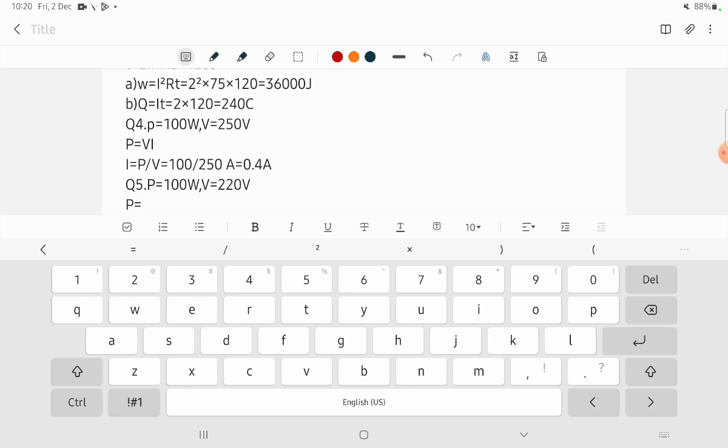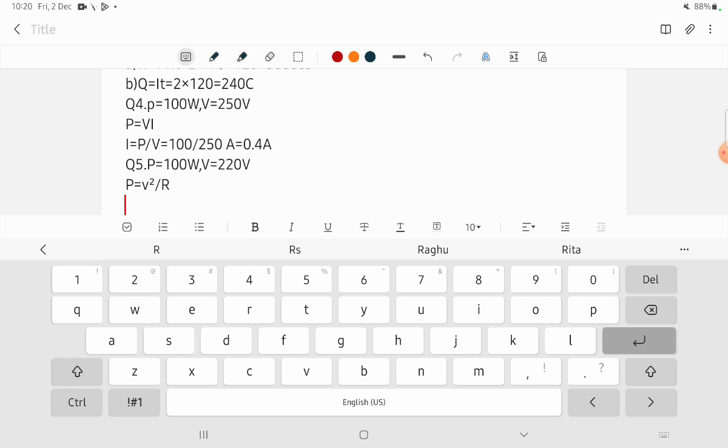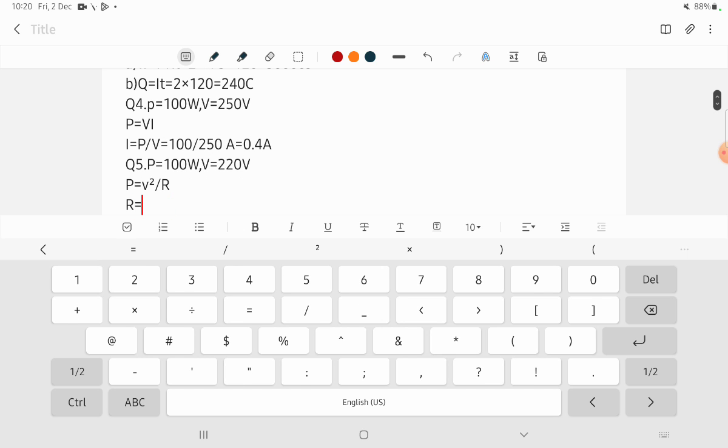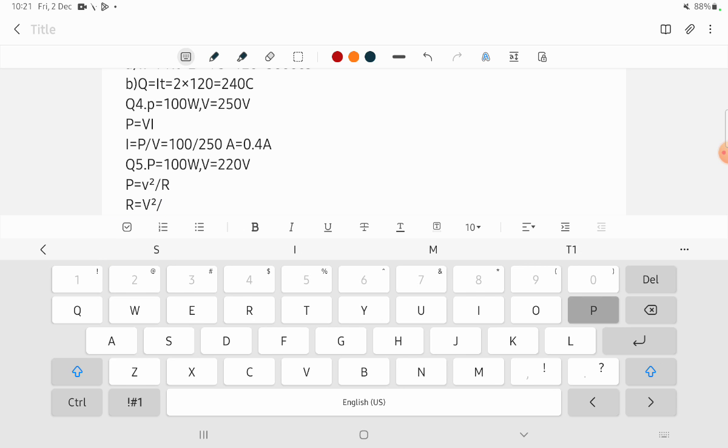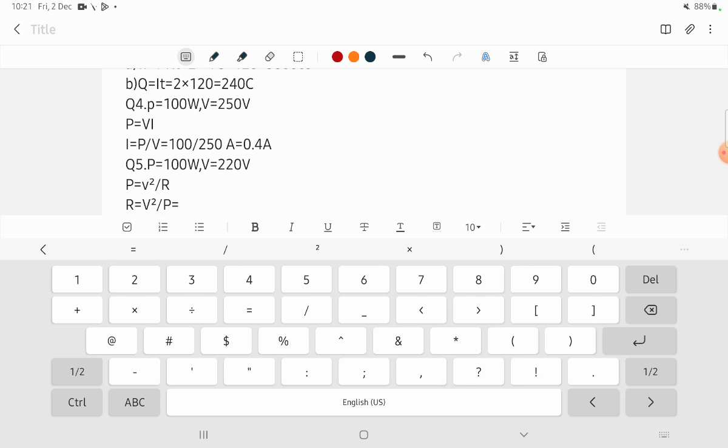So you have to use this formula. P equals V square by R. So R is equal to V square by P, that is equal to 220 into 220 divided by P equals 100.